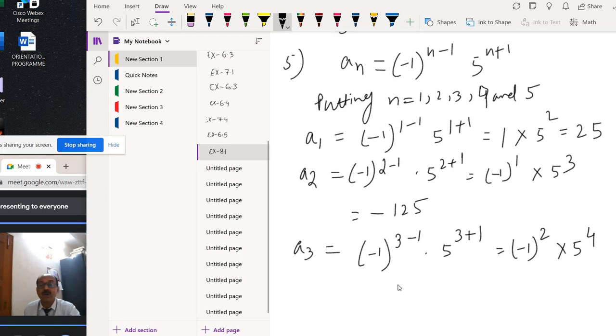Minus 1 square means plus 1. So 1 into 625, which is 625.